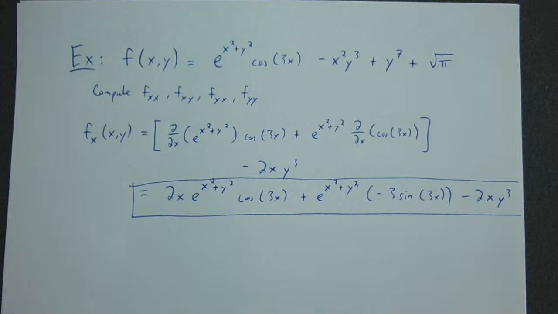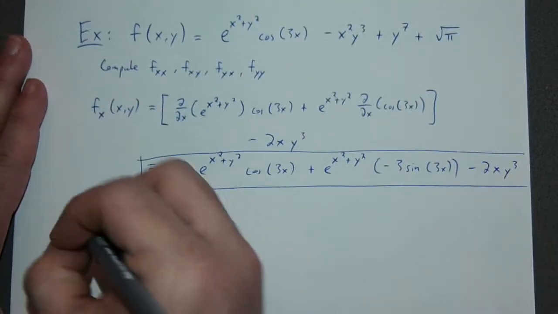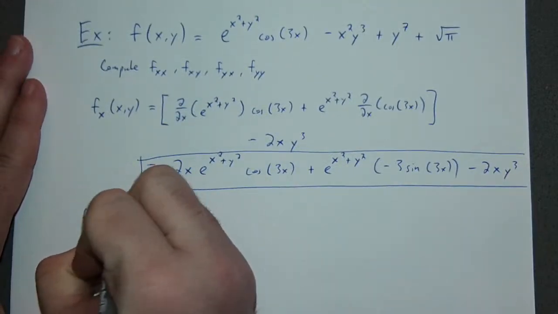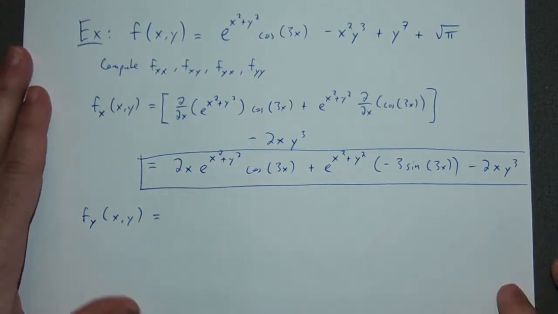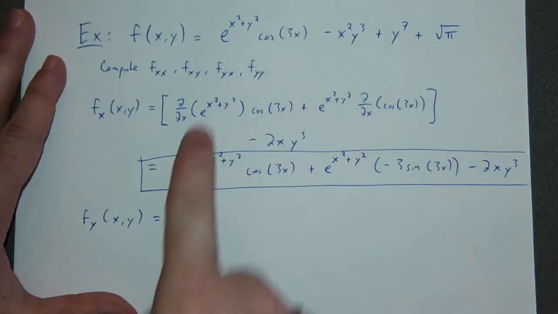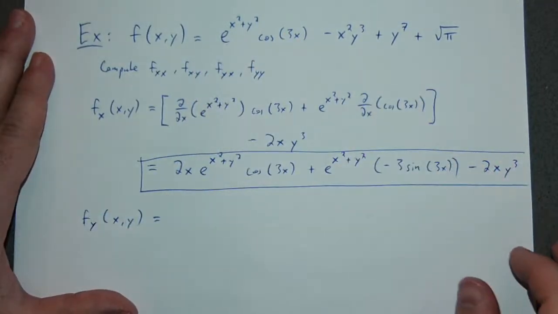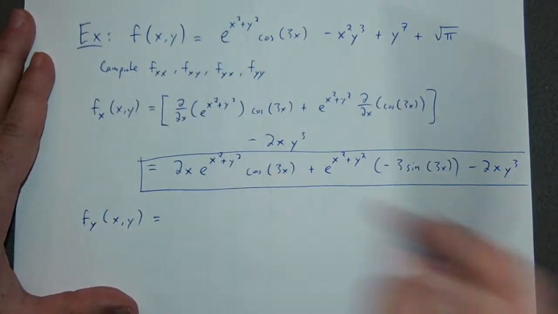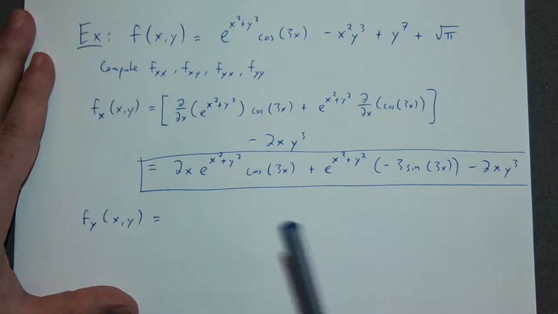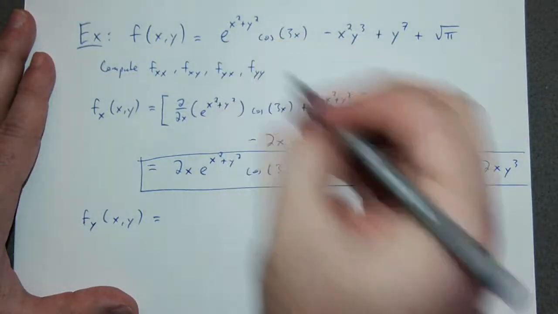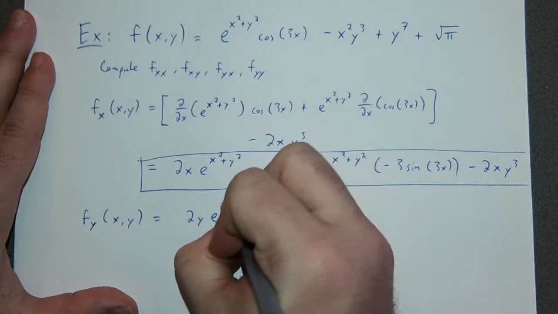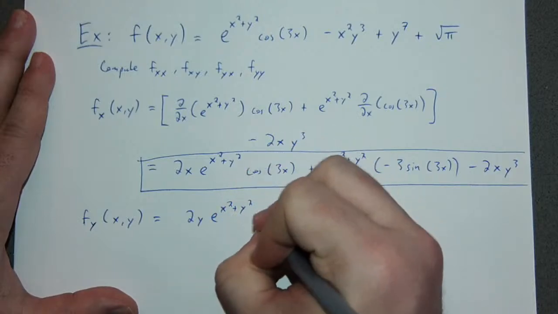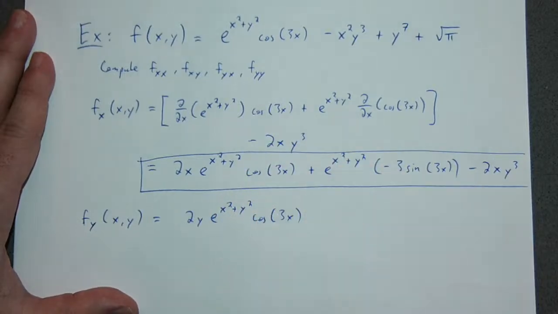All right. So let's compute the y partial. I'm taking the y partial of this thing. Again, this first term is not a product with respect to y, and so the y partial of the first term is just 2y e to the x squared plus y squared cosine of 3x.